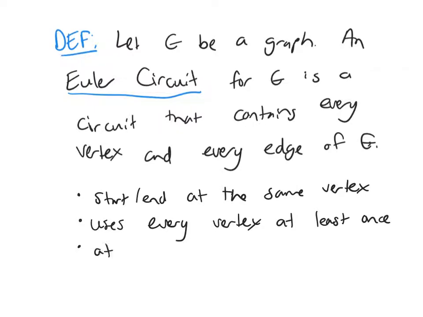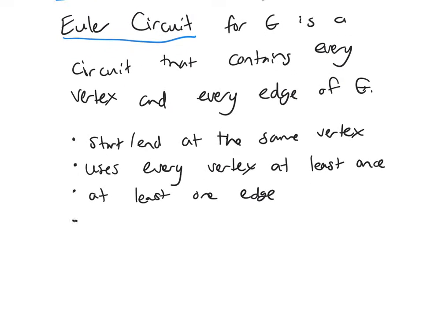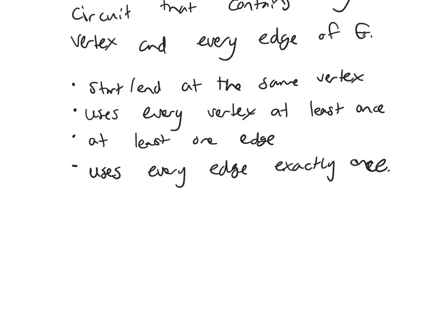Remember that a circuit has to have at least one edge, but in particular this Euler circuit says it needs to use every edge exactly once. So the question becomes, if I have a graph, how do I know if it has an Euler circuit or not?